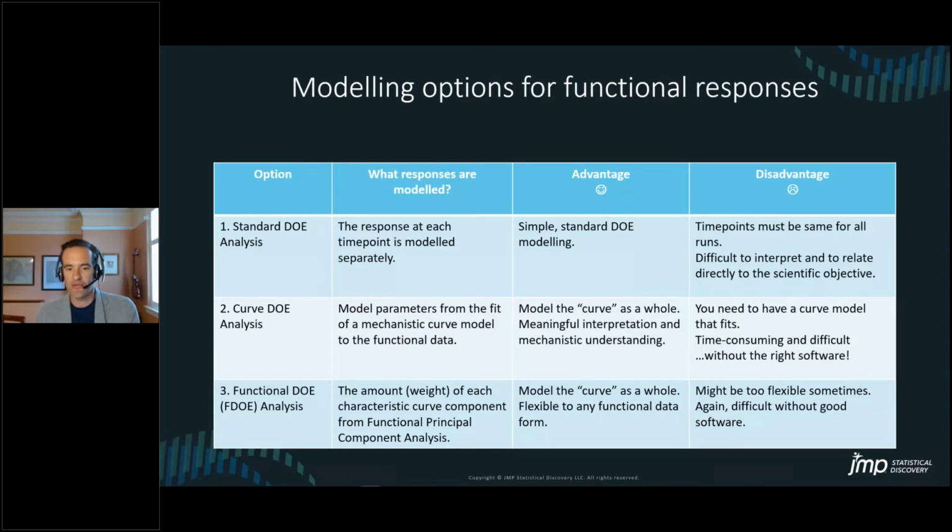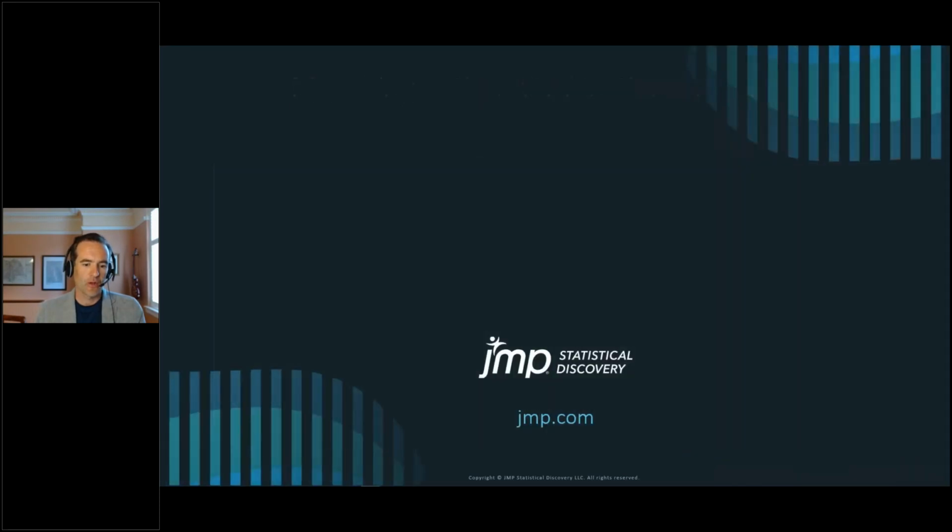The curve analysis enables you to model the curve as a whole with meaningful interpretation, as long as you've got a curve model that fits the data. And finally, this most flexible functional data, functional design of experiments analysis, which enables you to really model any functional data form.